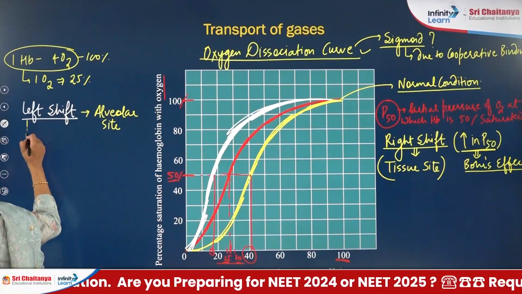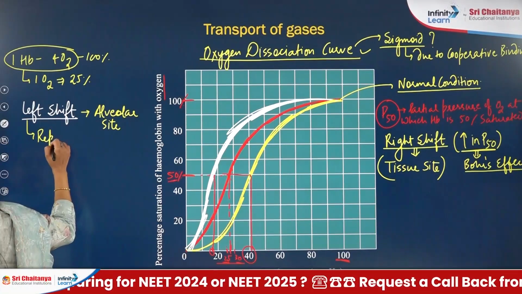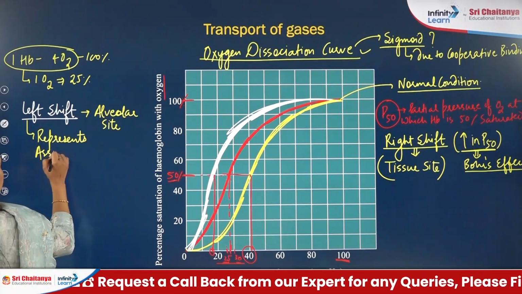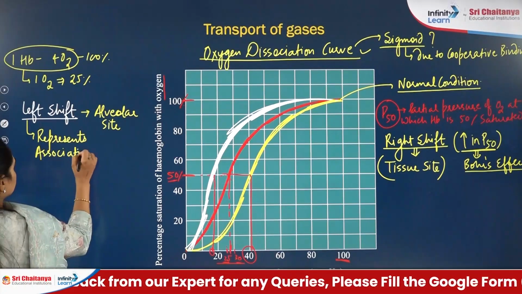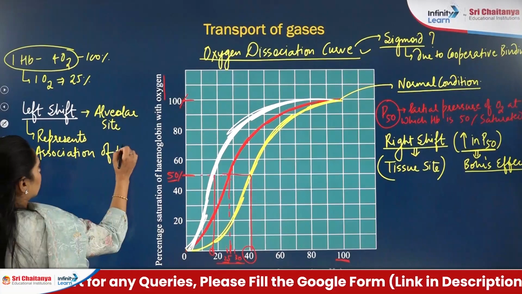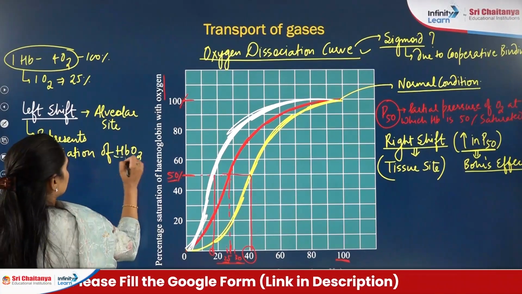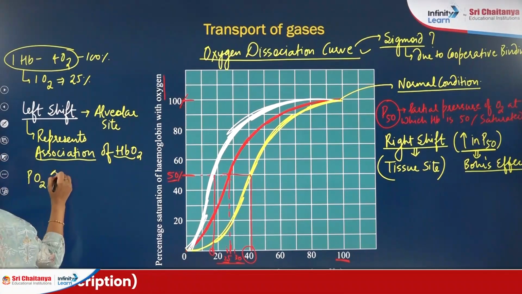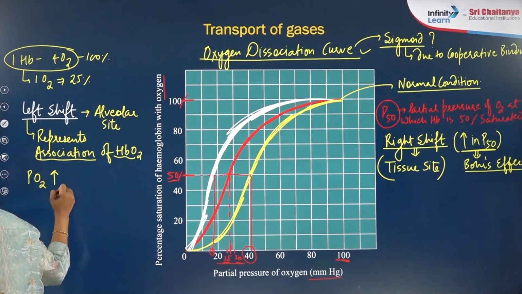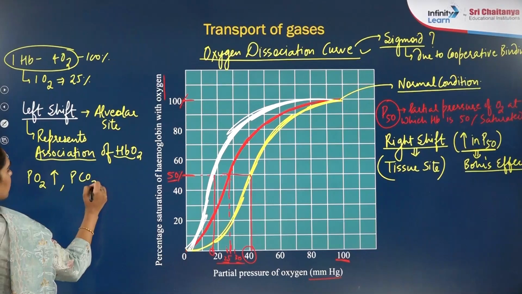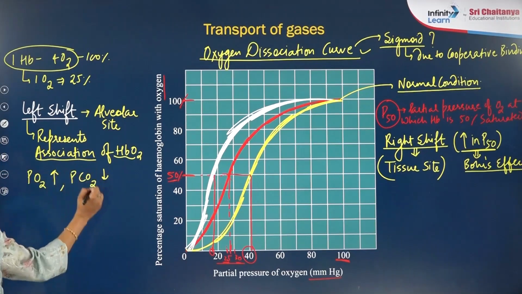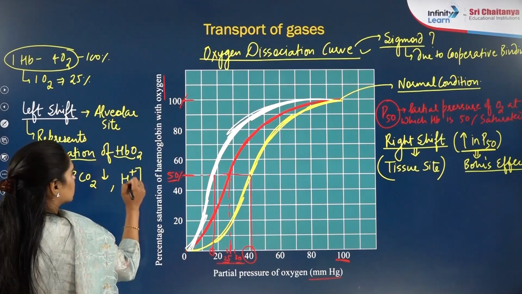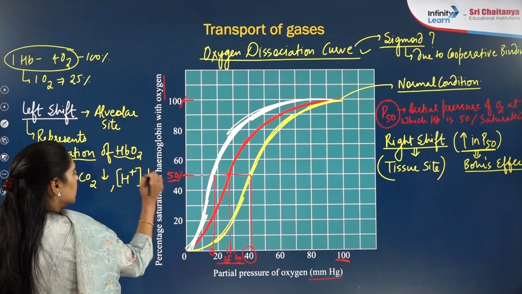And this left shift, now you can write that it represents what? It represents association of HbO2. Association will occur when partial pressure of oxygen will be high. If partial pressure of oxygen is high, then partial pressure of carbon dioxide is less. If CO2 is less, then hydrogen ion concentration will also be less.